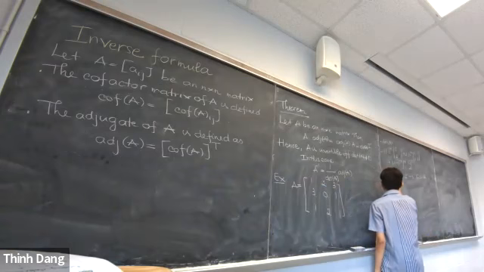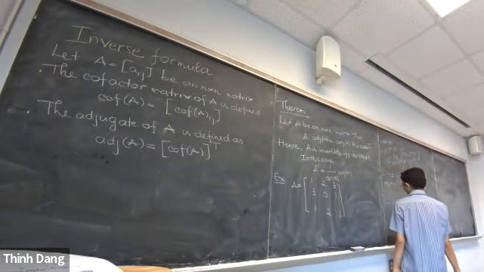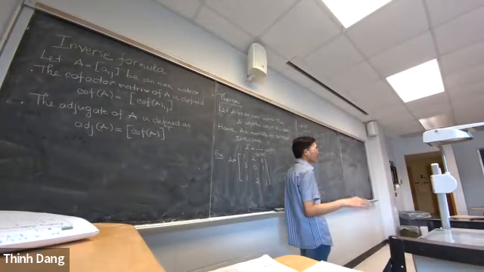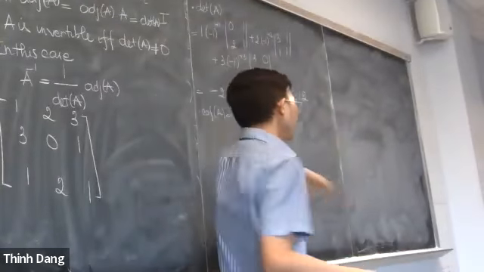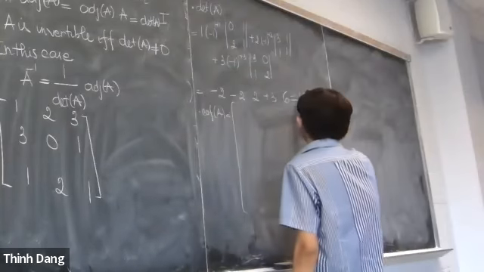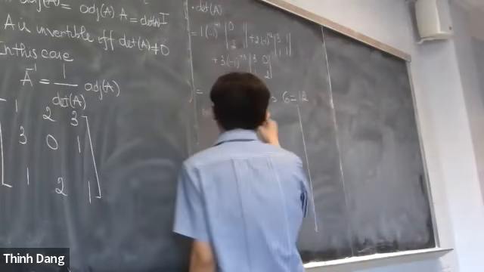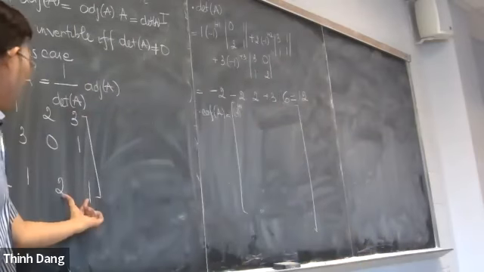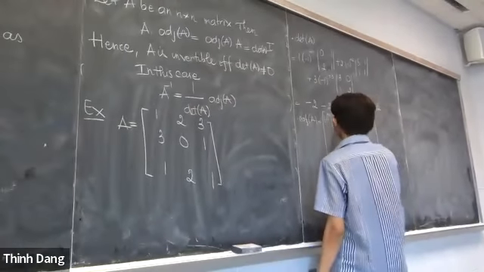Cofactor. You can calculate each cofactor ij separately and then at the end put all these numbers into the matrix, or you can write a matrix and put the formula in right away. It's up to you. I'm going to write the formula and put everything here. For the cofactor A11, it is negative 1 to the power of 1 plus 1, times the determinant of the matrix 0, 1, 2, 1.